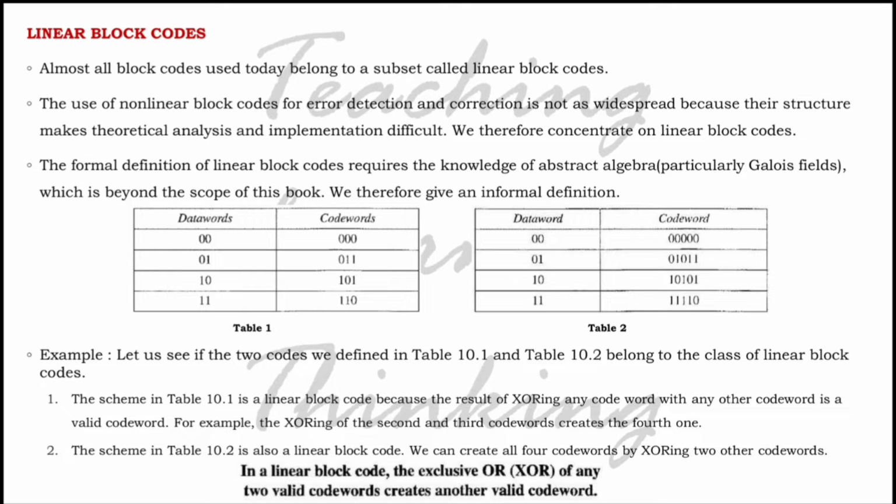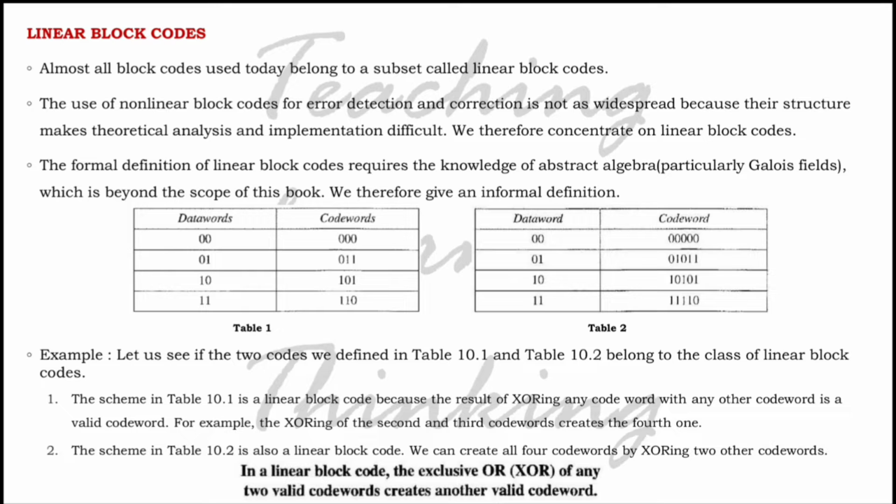You can refer to the previous videos as well to get an idea of what a data word and a code word are. You must go through those videos and then come back here. Each data word has a particular code word.